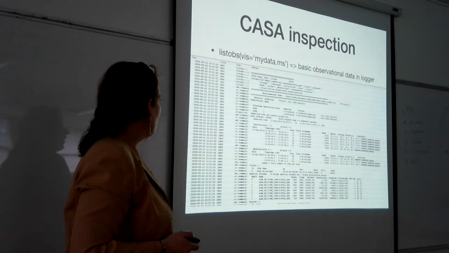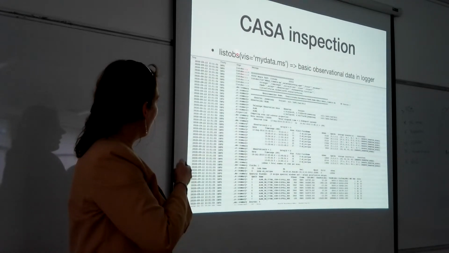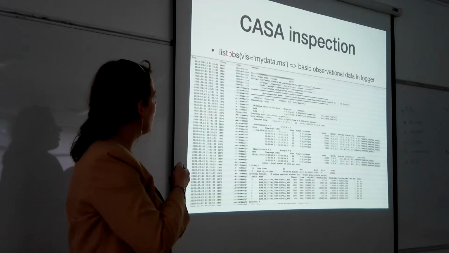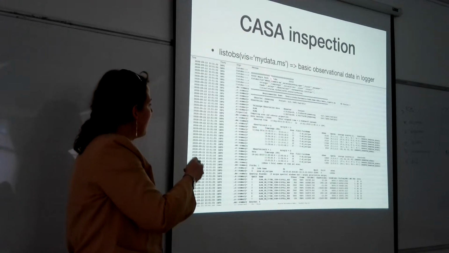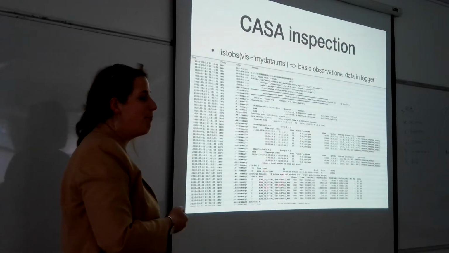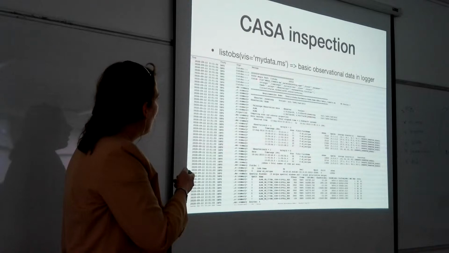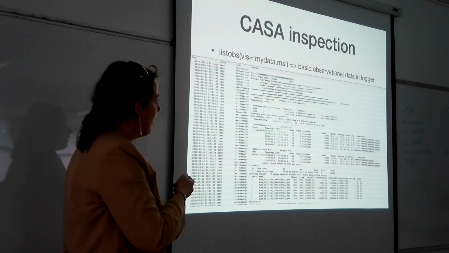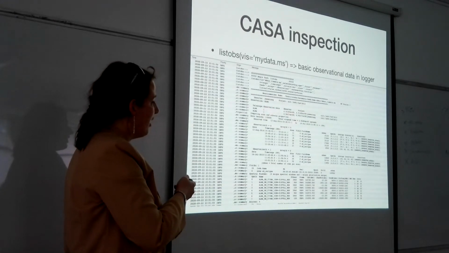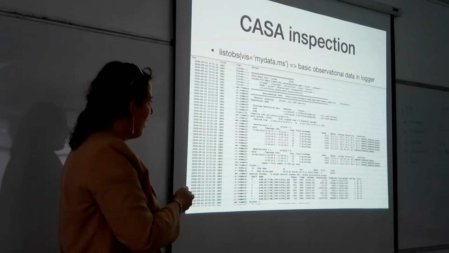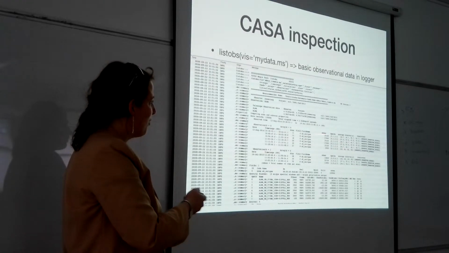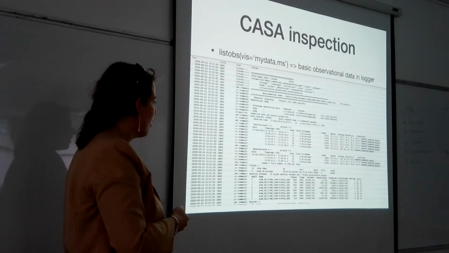Okay. So another very useful task in CASA is listobs, where you set again vis equals your measurement set. It tells you what is in my data. So here I see the PI of the data, the project, the dates that it's observed, and even the time steps where it has taken observations.